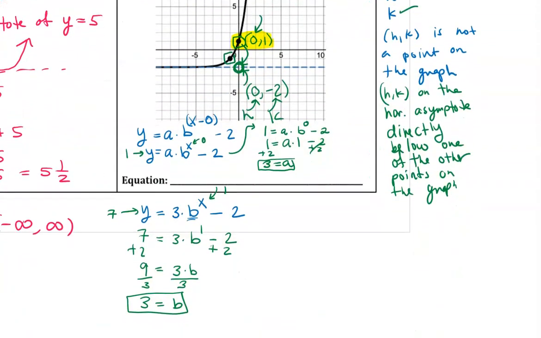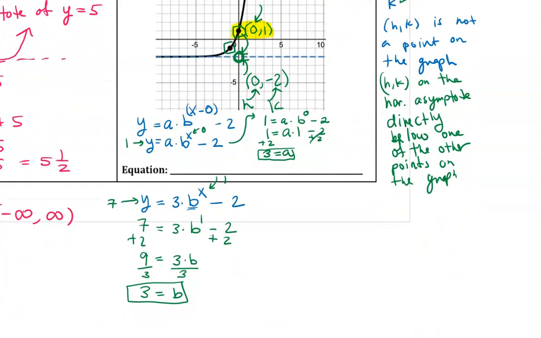Okay, so I now have all the things. I can put everything back together again. My equation would now be: here's my a value, so that's 3. Here's my b value, and that's another 3. I'm raising that to the power of x, and then minus 2. So here is one sample for the equation for this graph.